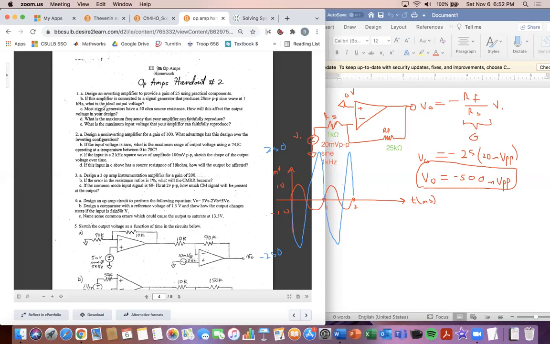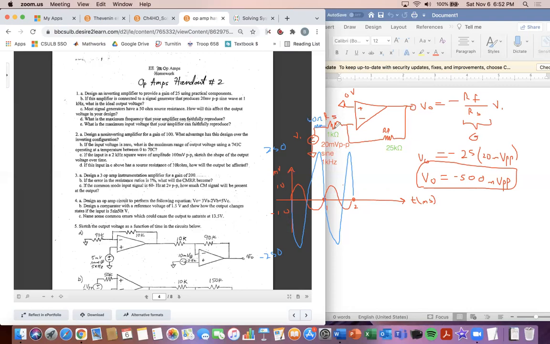Okay. Number C, most signal generators have a 50 ohm source resistance. How will this affect the output voltage in your design? Okay, so if we have a 50 ohm source resistance, think right here. There's going to be a source resistor right here, and that's going to be 50 ohms. That's in series with our RS.